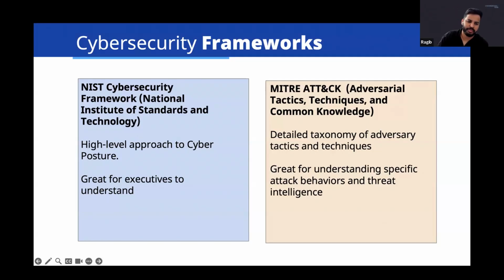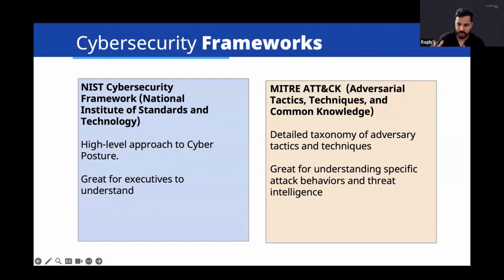The NIST cybersecurity framework is basically your high-level strategic roadmap. Think of it as an executive's guide to cybersecurity. It gives you that big picture view of your cyber posture using 5 core functions: identify, protect, detect, respond, and recover. This framework is generally perfect for executives to understand because it focuses on the outcome rather than getting lost in the technical details.